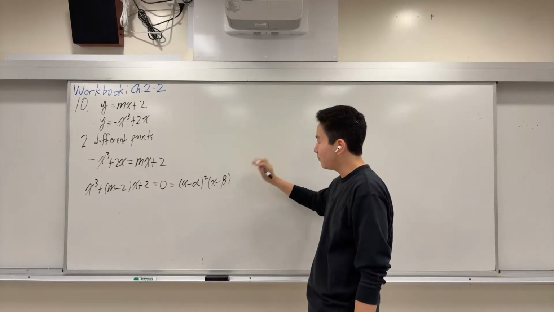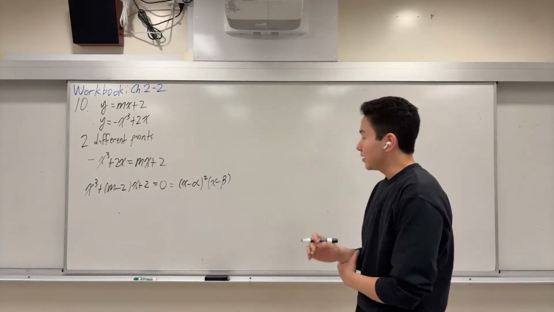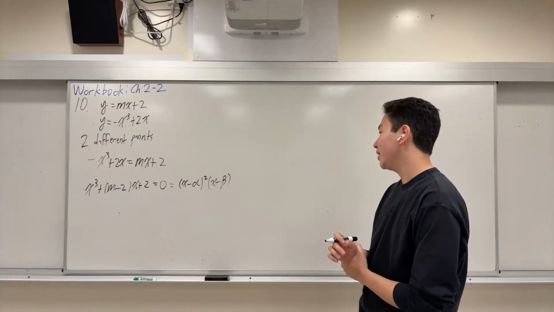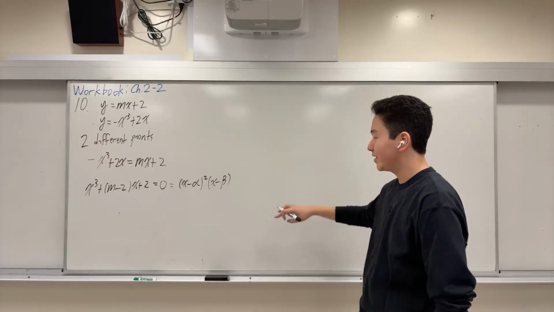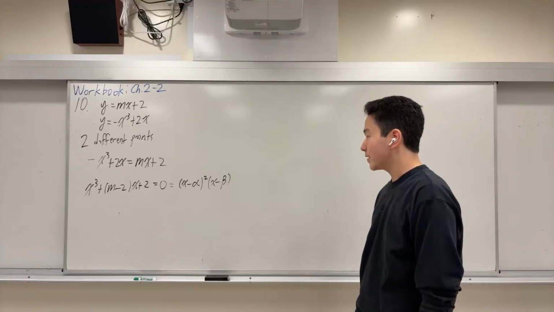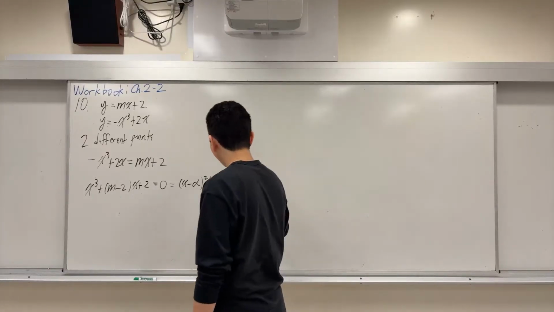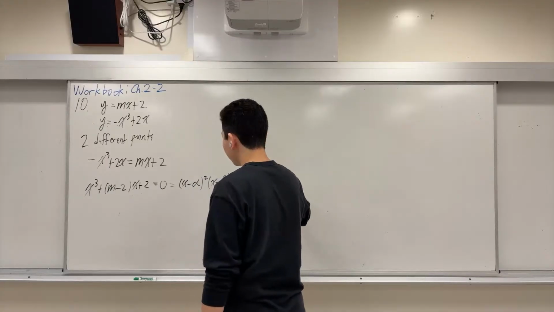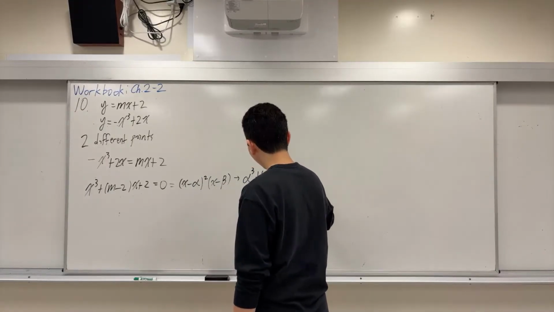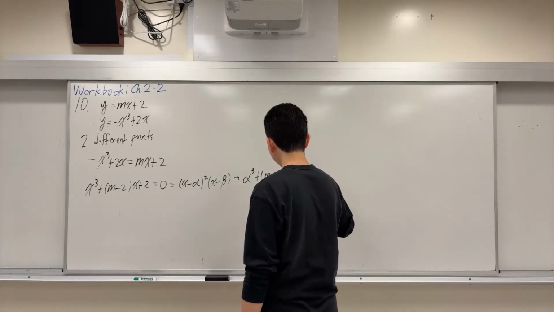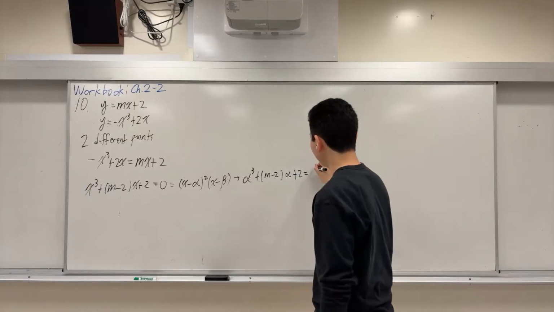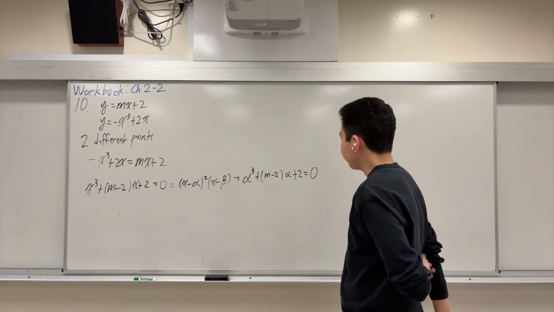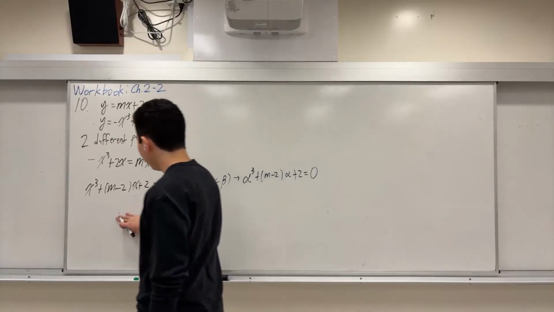Which means that we can do something here. We can plug in alpha into both sides and set that equal to 0. And then we can plug in alpha after we take the derivative. So let's start with that. Let's plug in alpha. So alpha cubed plus (m minus 2) alpha plus 2 equals, and this entire side goes to 0. Okay, so now we've done that.